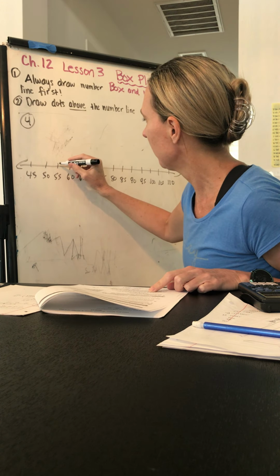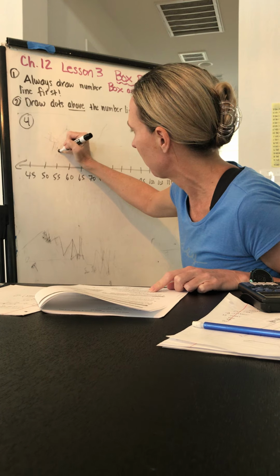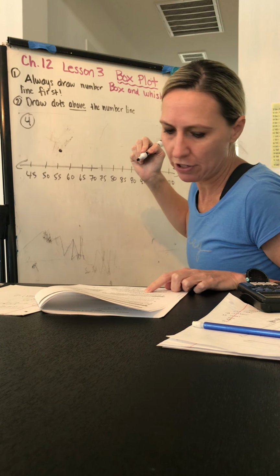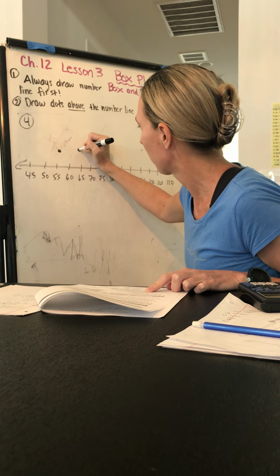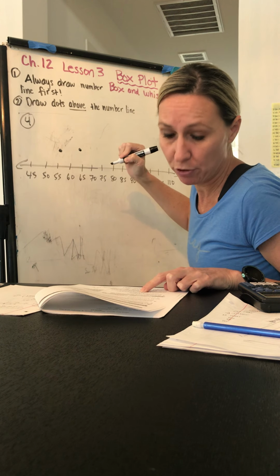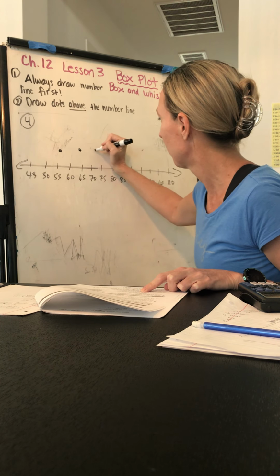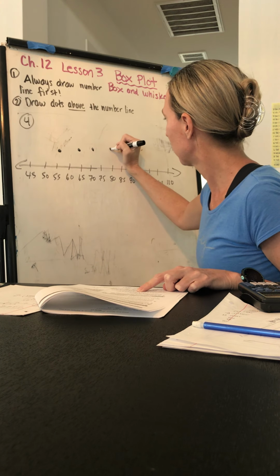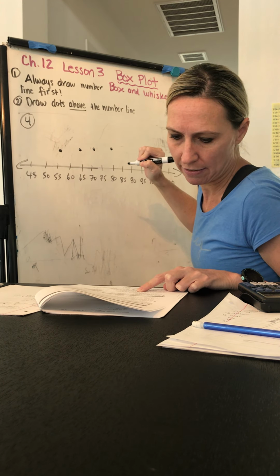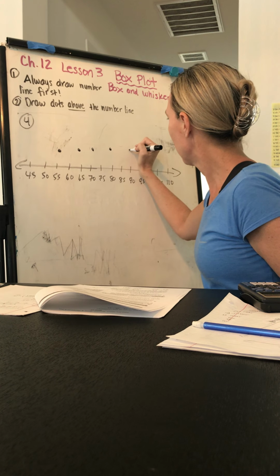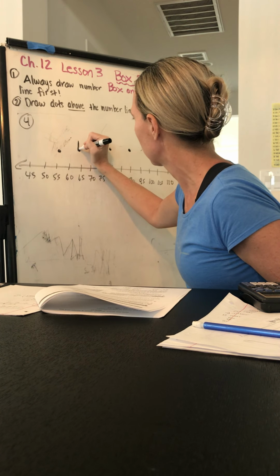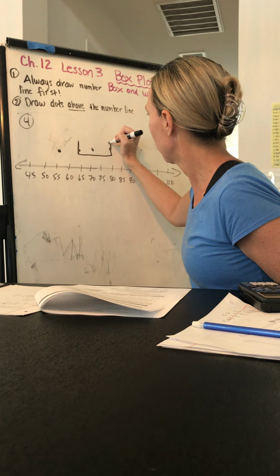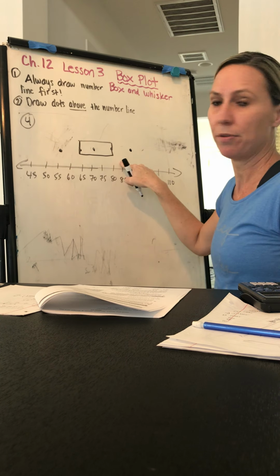It looks like this is a little bit above 55, so maybe 56. And then there's a dot at 65, and then there's a dot between 70 and 75, and 80, and 90. Okay, so this is what it looks like. Here's our box, and the Q1 and Q3.